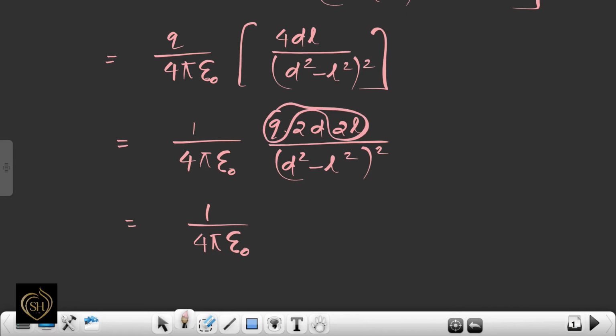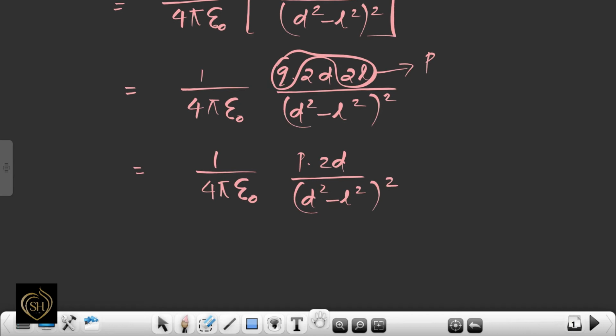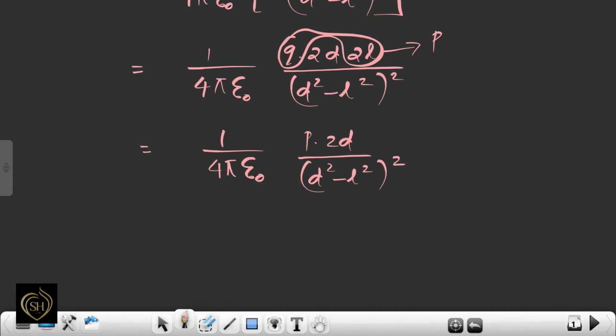What is Q into 2l? Yes, it is dipole moment P. So P into 2d divided by (D square minus L square) the whole square. So the equation for intensity of electric field E is 1 by 4 pi epsilon 0 P into 2d divided by (D square minus L square) the whole square.